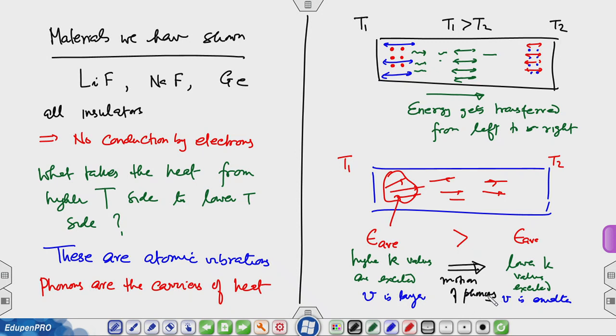Just like in metals, electrons start going from left to right and start carrying energy. So, more phonons are being created and they go from left to right, carrying larger energy, and therefore, net result is that the energy is being transferred from left to right. So, we are going to look at this phonon picture, and what limits the energy transfer?